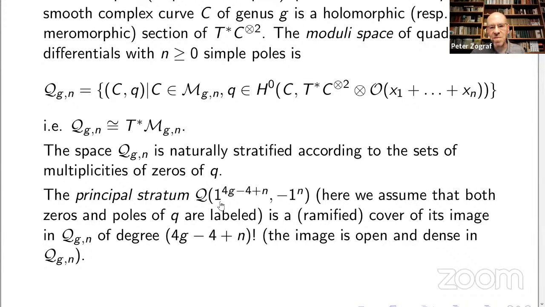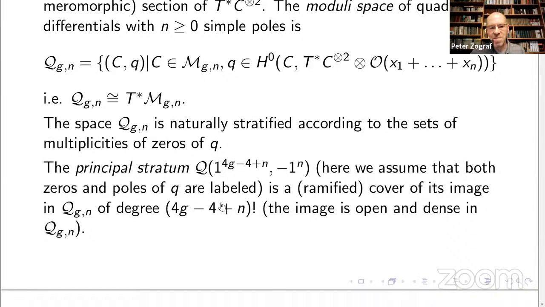We assume that both zeros and poles of Q are labeled, and then the principal stratum is a ramified cover of its image in the moduli space Q(g,n) of degree (4g minus 4 plus n) factorial, and the image is open and dense in Q(g,n).